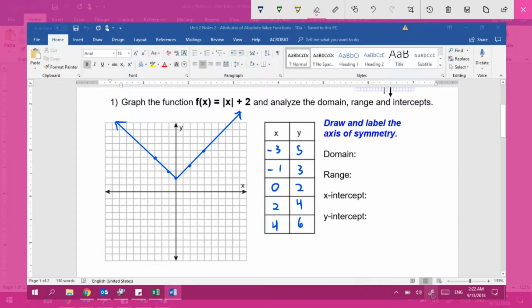Alright, now the first thing it says to do right here is draw and label the axis of symmetry. What the heck does that mean? An axis of symmetry is the line that cuts this graph exactly in half. It's the line where this graph flips over and makes a mirror image of itself.